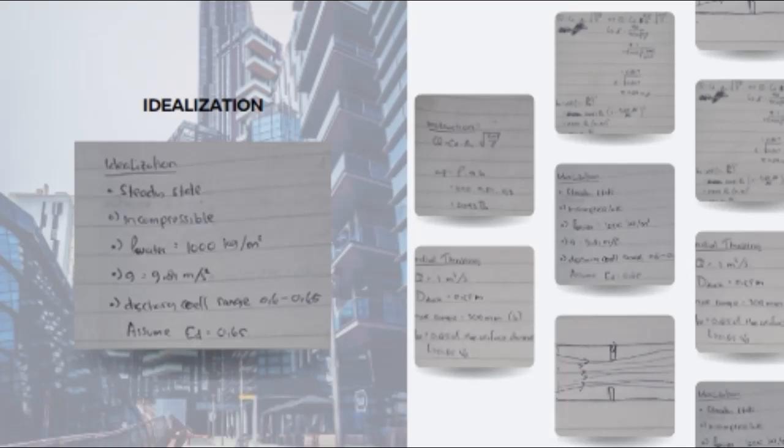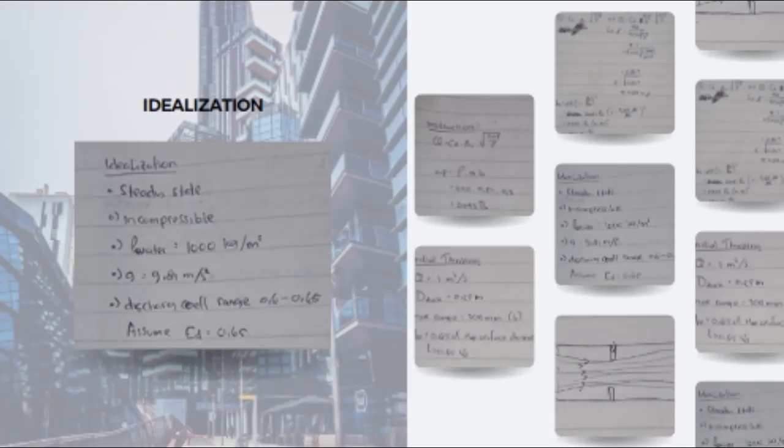The gravity is 9.81 meters per second squared, and the discharge coefficient range is about 0.6 to 0.65, and we assume that the discharge coefficient we use is 0.65.